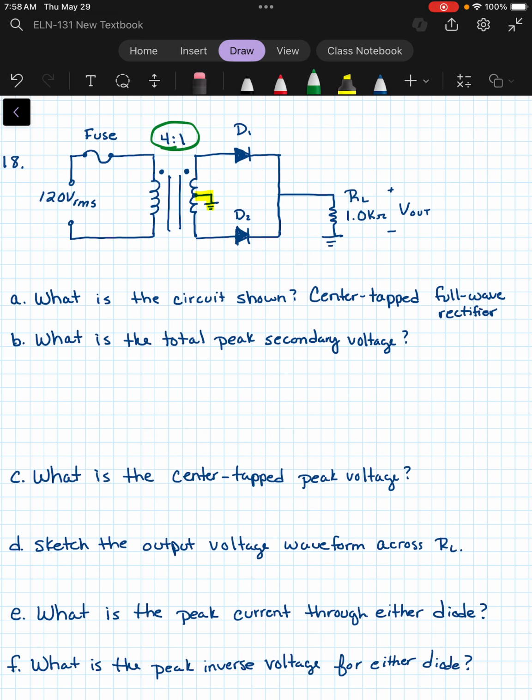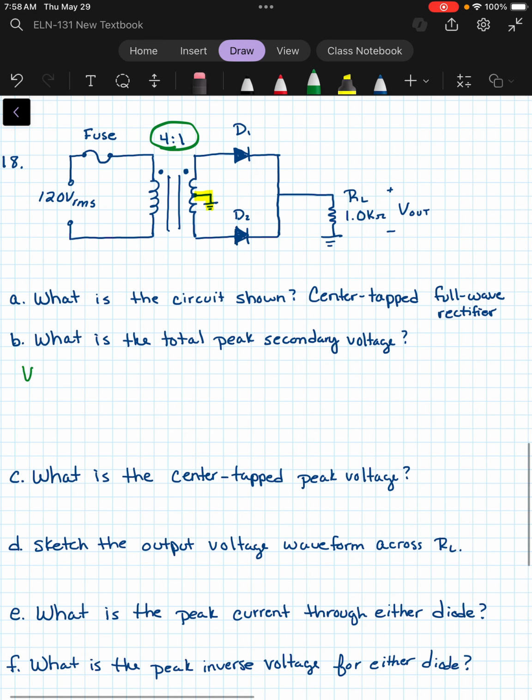We could find the peak input voltage on the primary side and then divide by 4 to find the peak at the secondary. Or we could find the RMS of the secondary using the RMS that we're given here for the primary, and then find the peak after that. So it kind of depends on how you want to do this. But let's find the peak of the primary first.